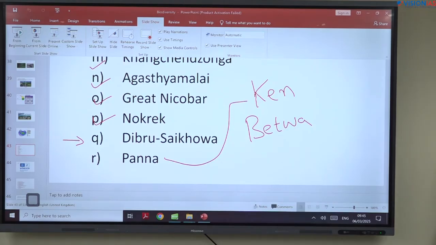Write this as your assignment. Read about Ken Betwa linking project.